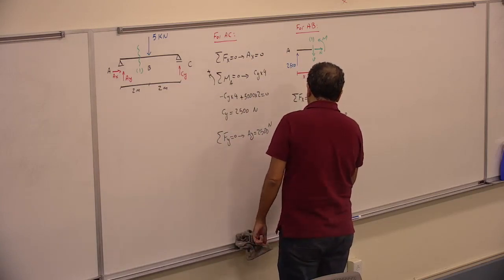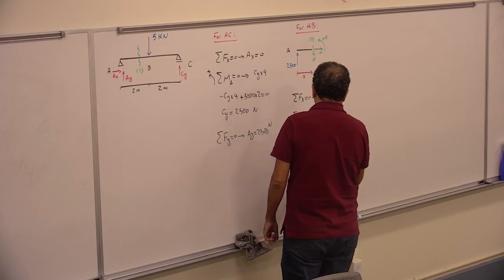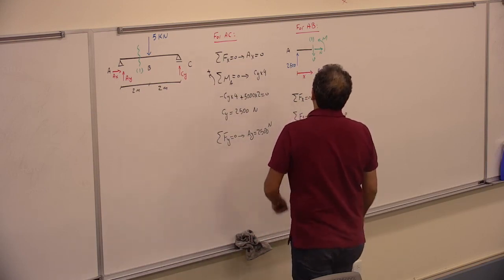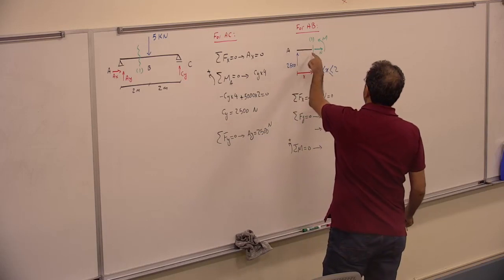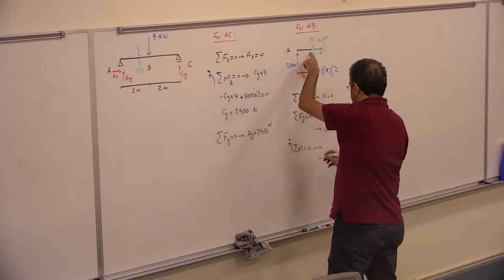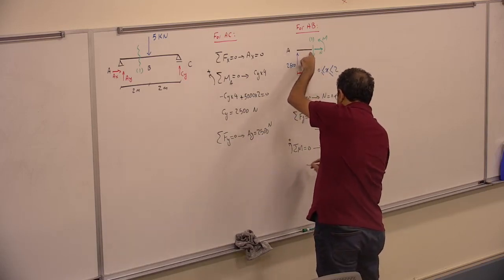And then I can write sigma M is 0, counterclockwise positive.